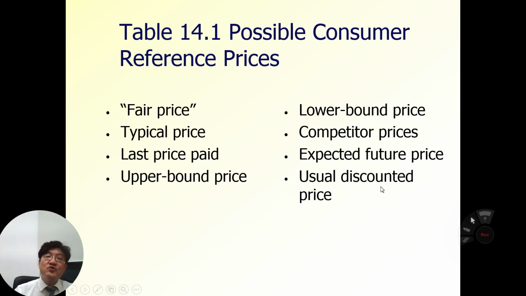And this one, the usual discounted price, that is actually very important. This is the biggest disadvantage of too frequent price cuts. Suppose the actual sticker price is 1,000 won for this drinking water, but the retailer keeps discounting this drinking water by 300.